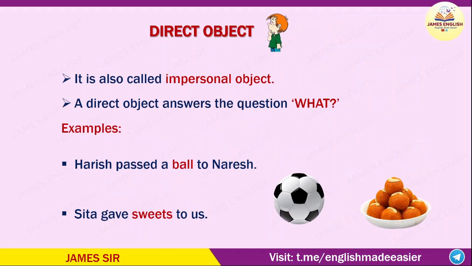Then let us focus on what is a direct object. A direct object is also called an impersonal object. When I say impersonal, we speak about inanimate things.